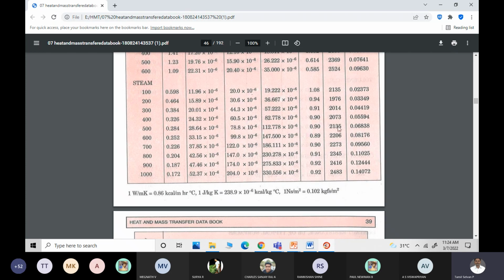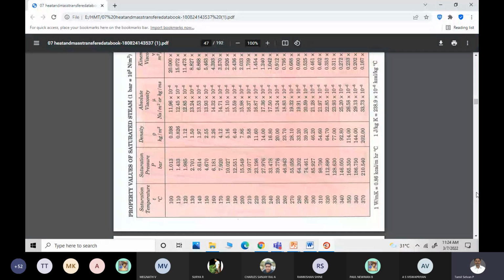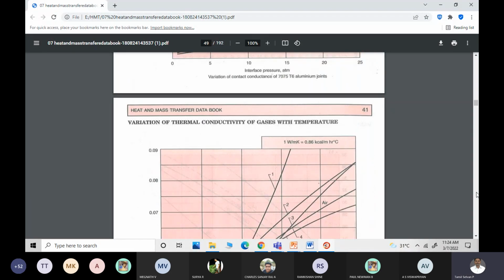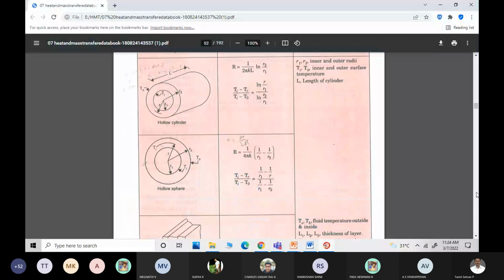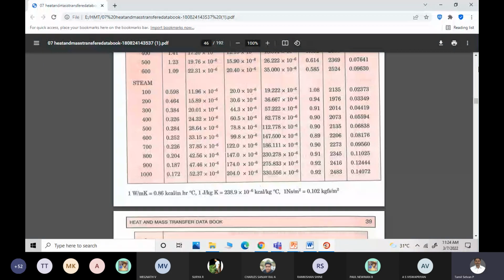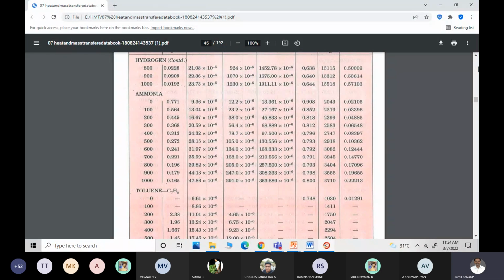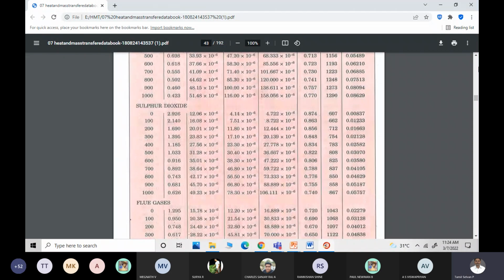The specific heat capacity of steam is slightly higher than that of liquid. Similarly, other liquids, liquid salt, liquid metals, their properties are also there. Ammonia, hydrogen, these were gases.